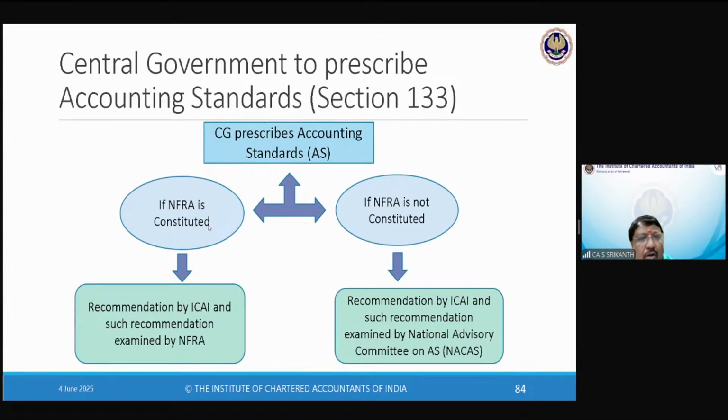So technically, it will look like this. Let's see if I can write on this. See, it's like this. NCLT is there, NFRA is also there. Okay, they are separate. Now, many sections refer to NCLT. NCLT has power even under the Insolvency and Bankruptcy Code. This body has power. NCLT is part and parcel of the Ministry of Corporate Affairs judicial framework.